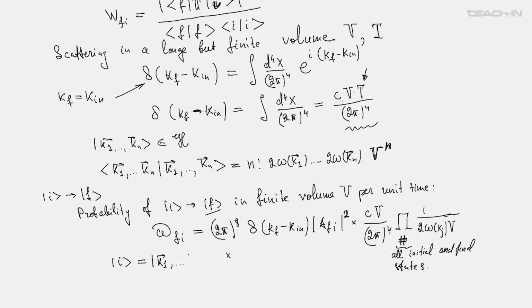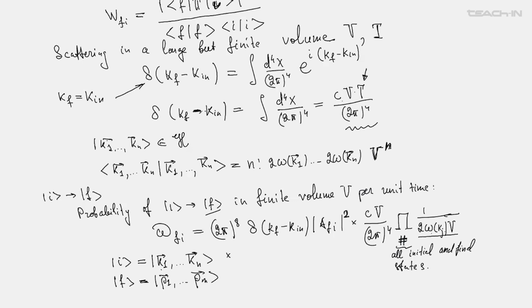And then there is a final state, which is described, say, by momenta, let's write this as p1 and so on, pm. And then here you have a product of omega depending on k_j, where k_j runs over all the set of k's and all the set of p's. That's what it means, all initial and final states.